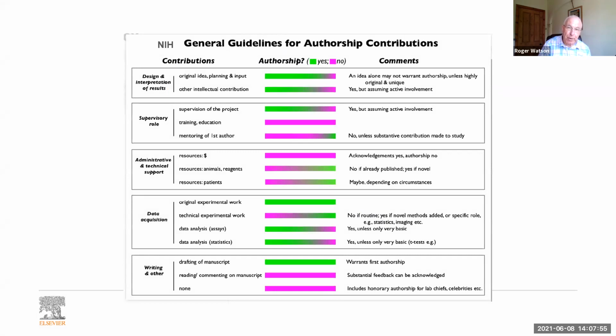Green means yes and purple means no, and you can check how much any author, particularly yourself, meets those criteria. I won't go through it in detail, but it's easy to find on Google on the website. If not, ask me for these PowerPoints. I can send them to you.